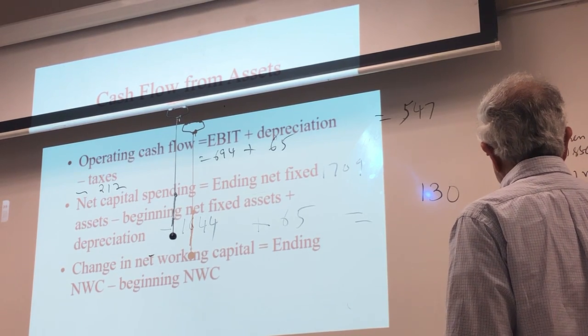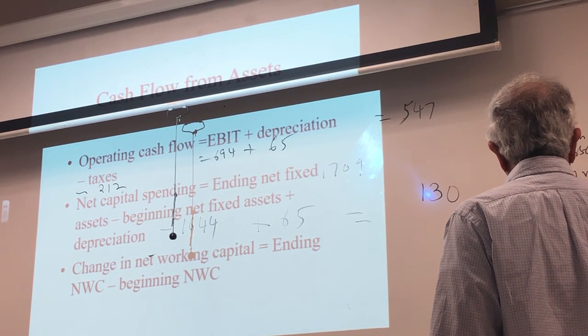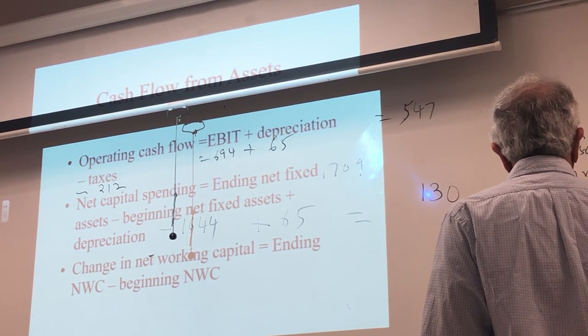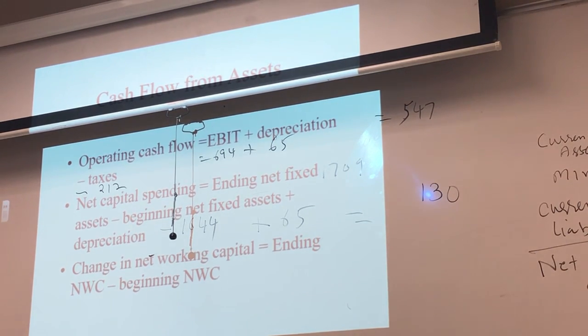Okay, so build a small table like this so that you can calculate net working capital. Is the 130 the net capital spending? Yes, 130 is your net capital spending.